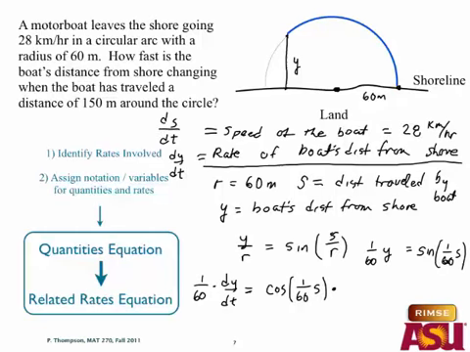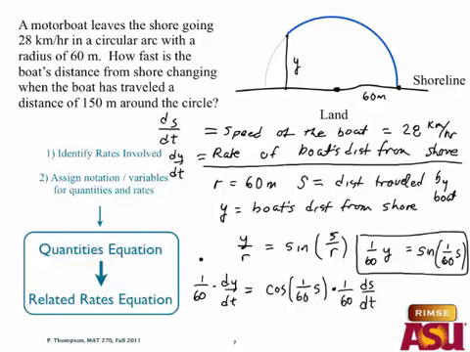So I normally started by doing that first, and this time I'm doing it second. So the rate of change of 1/60th s with respect to t is 1 over 60 ds dt. So here's our related rates equation.